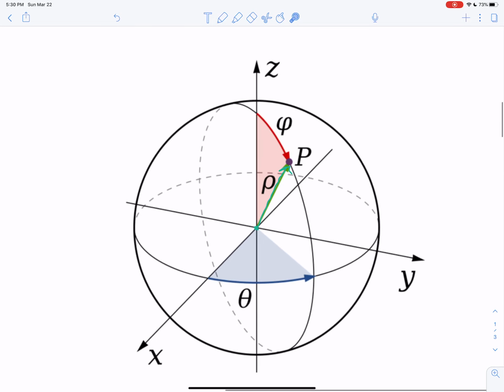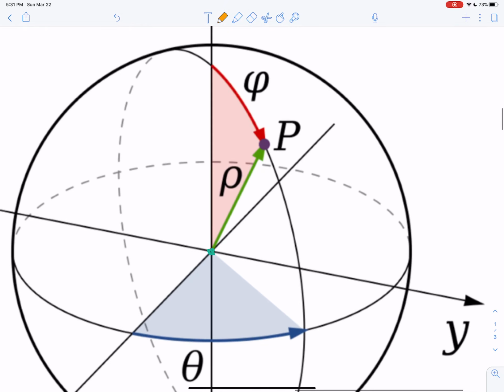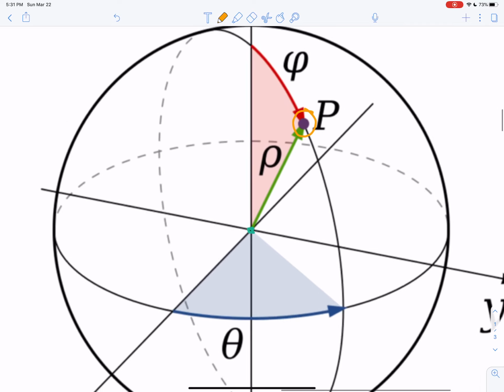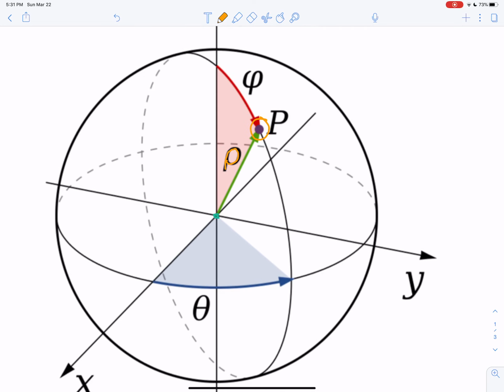And so what this spherical coordinate system is saying is that any point in space, let me pick a contrasting color, let me do this orange. So any point in space, say P, can be represented with the combination of one length, the length given by rho, so rho is a length from the origin, and two different angles.